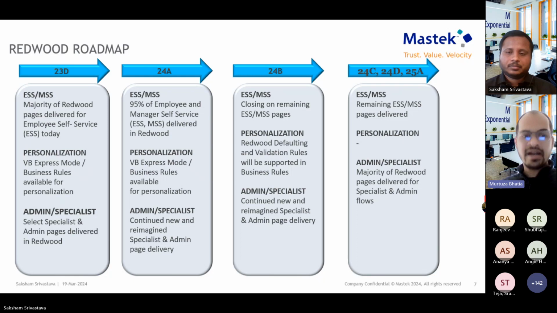There are certain mandatory steps that you have to take, like learn management has to be mandatory at a certain phase. Then time and labor has to be moved to Redwood in certain phases and things like that. So Oracle has published some information, but with every release, they're going to bring in more changes, more Redwood enabled pages that we have to transition and go forward with. Okay, this is just a high level picturization of how the Redwood roadmap would look from Oracle's point of view. Okay.